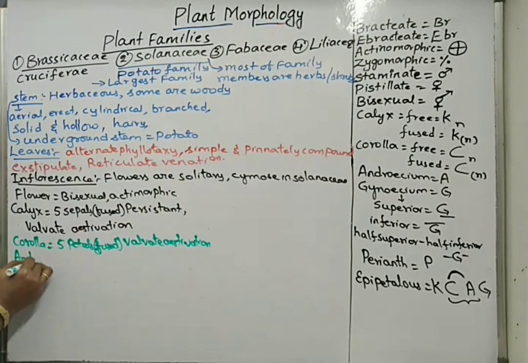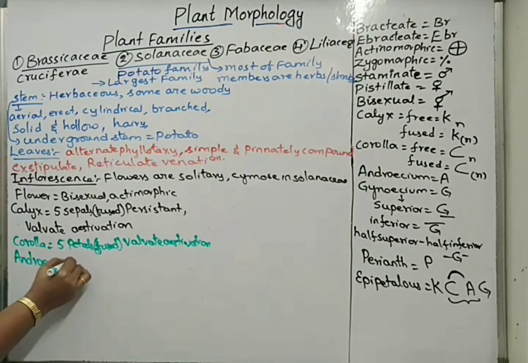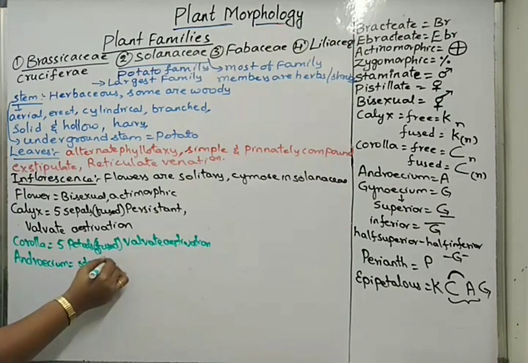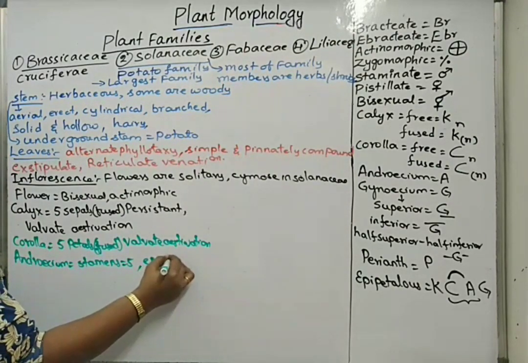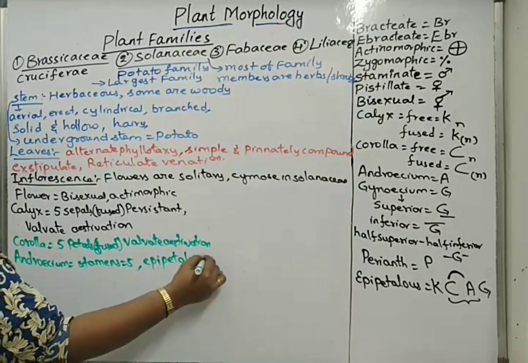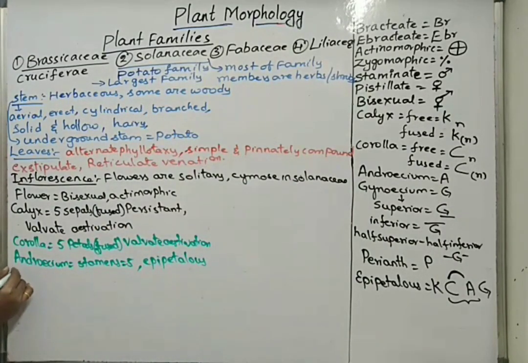Next, coming to androecium. Stamens are 5 and they show epipetalous condition. Next is gynoecium.